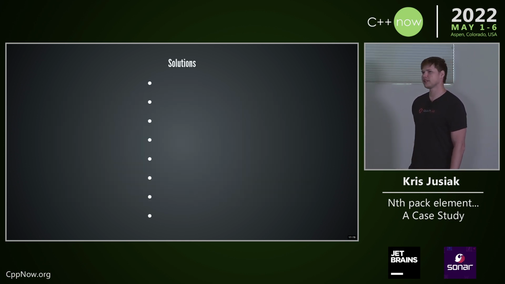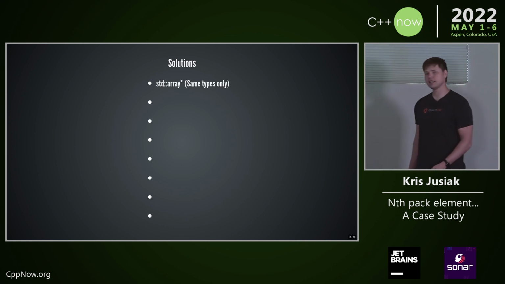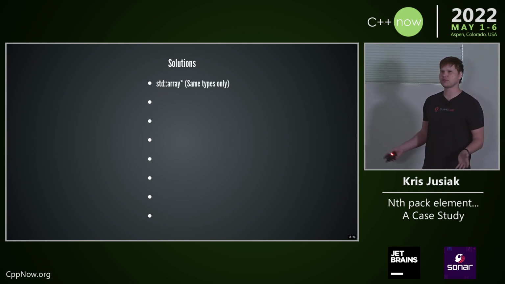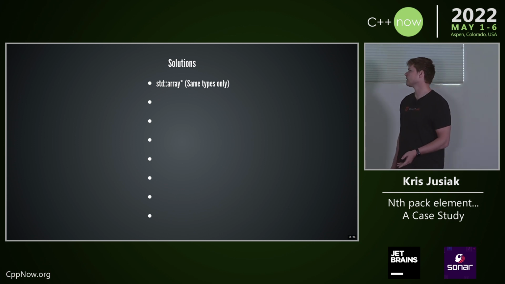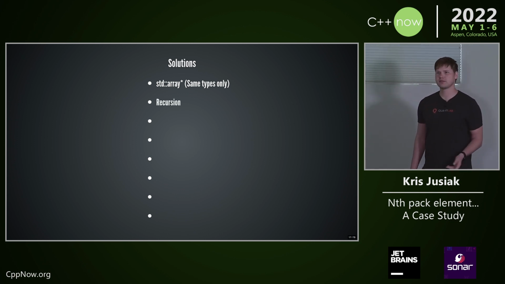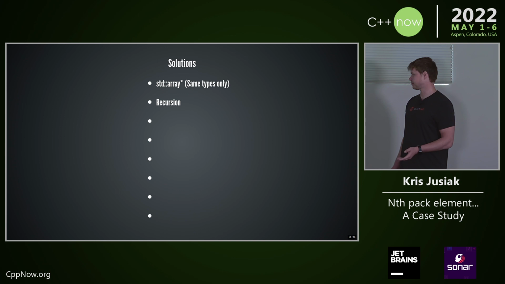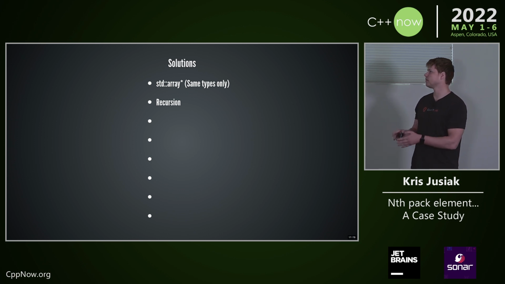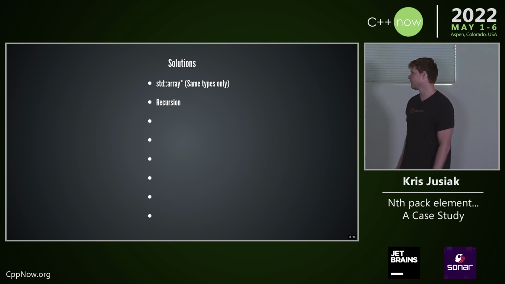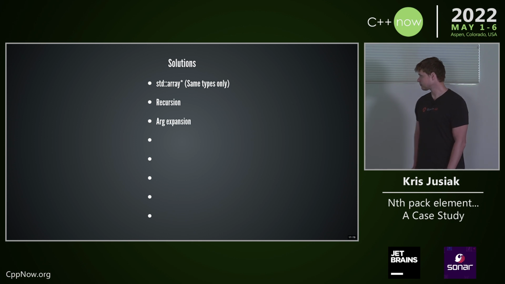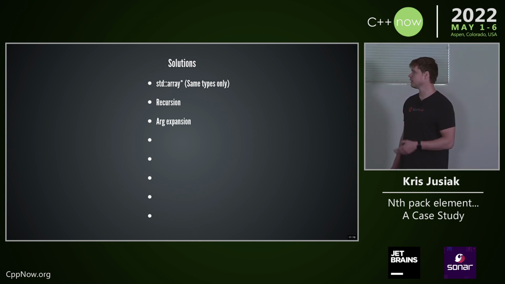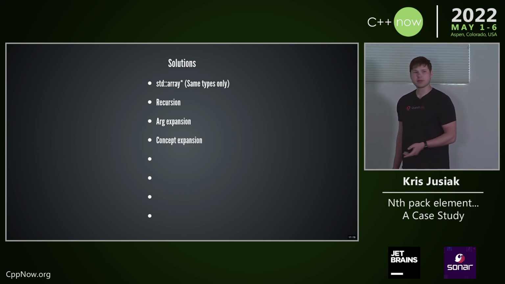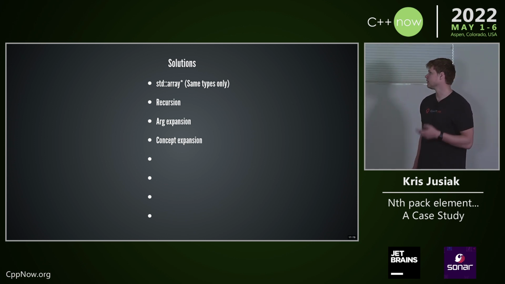So which solutions will we take a look into? std::array, which is simple because it works for the same types. We'll start from there. Recursion, just to point out that we don't want to do it. We'll actually apply it two different ways to see whether the overload is more expensive than if constexpr inside. That might be surprising for some. Arg expansion, which is also related to the concept expansion Daisy talked about at CppCon.